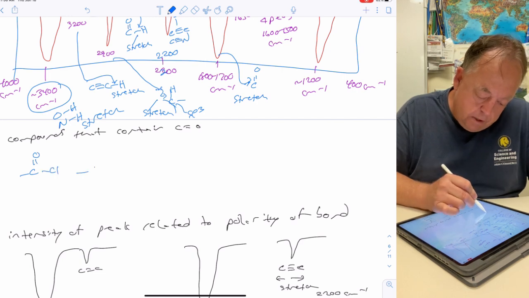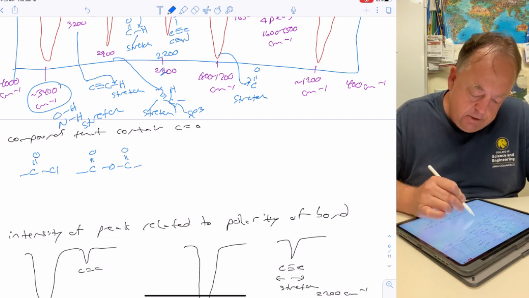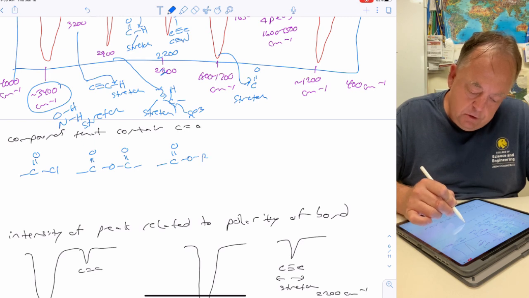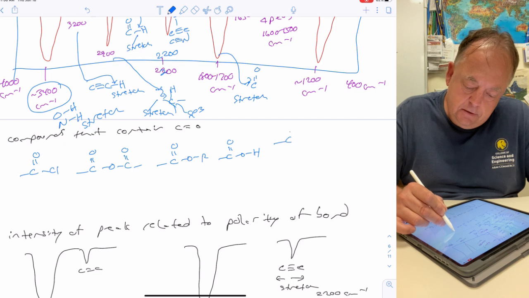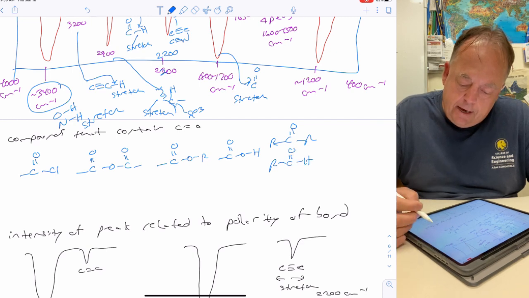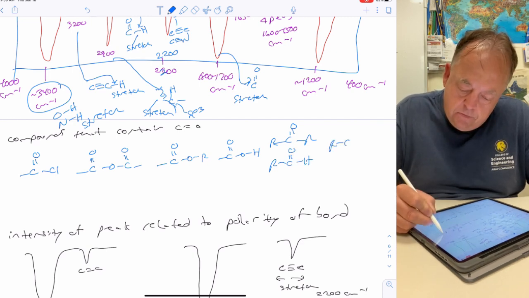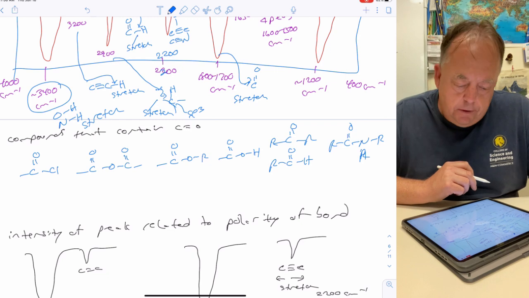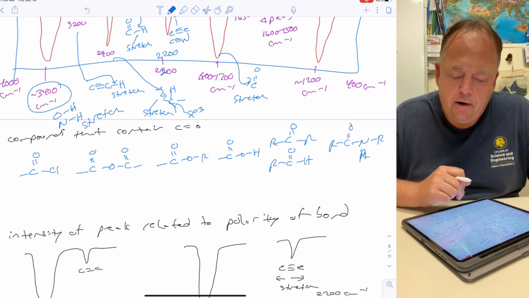Right, you have acid chlorides, anhydrides, esters, carboxylic acids, ketones, aldehydes, amides. Right, so they all have a C double bond O, so they would all have a signal in that region.